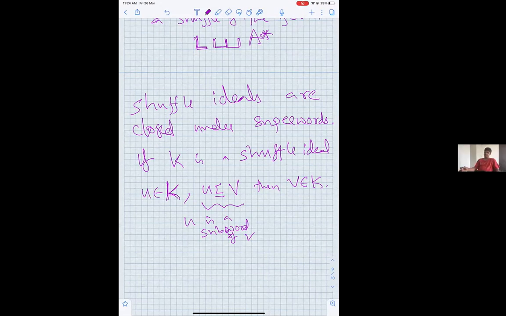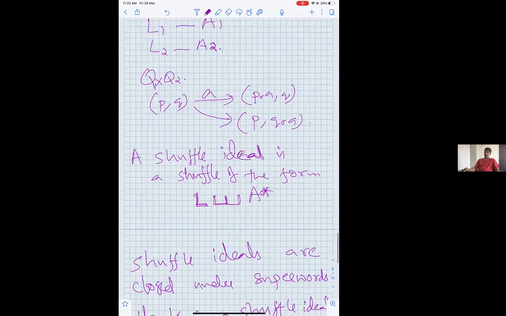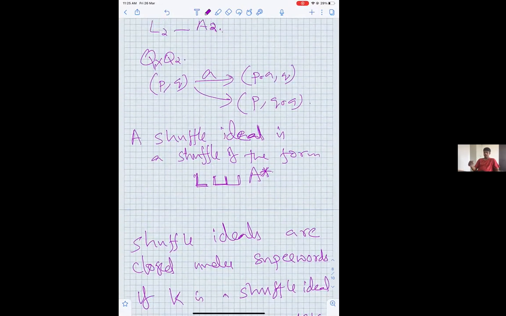So it is clear to you that it is upward closed. The reason is very simple: if I have a word from L, then I can insert any words from A star into any place. So if I have a word, I can insert more and more letters between any two letters.